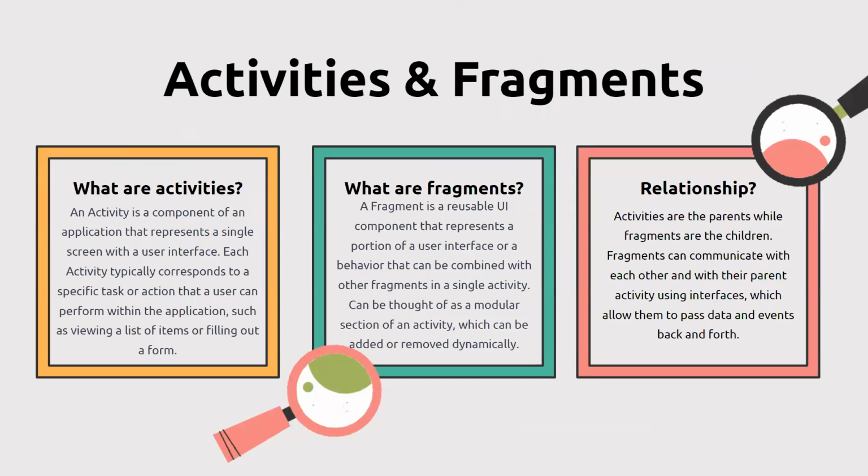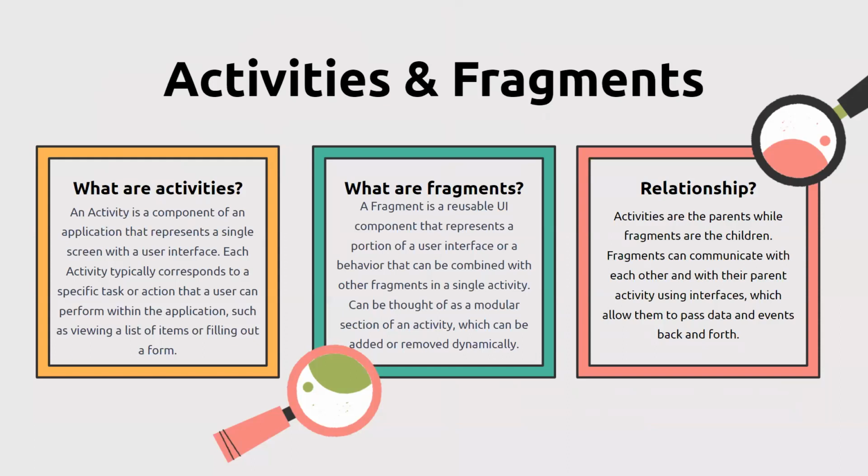And so let's talk about what the difference between activities and fragments are. An activity is a component of an application that represents a single screen. And then a fragment is a reusable UI component. Depending on how much you want to reuse UI components, you can choose between using an activity or a fragment.